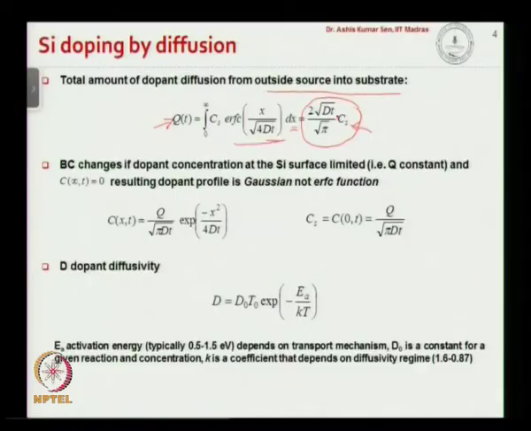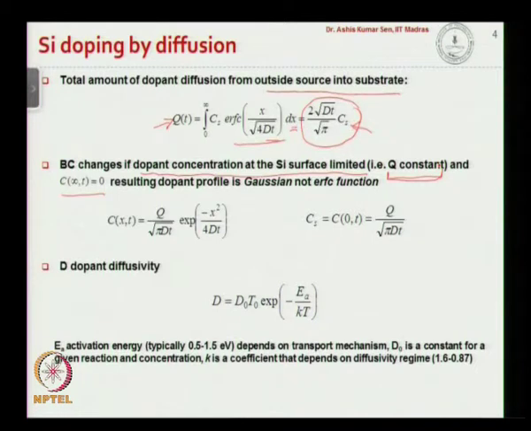So that is the second case that we will be looking at, where we assume that the dopant concentration at the silicon surface is limited. So we have a fixed amount of dopant present at the surface, but the condition that C at x equal to infinity is 0 will be valid, and the second boundary condition is that Q is constant at the surface.